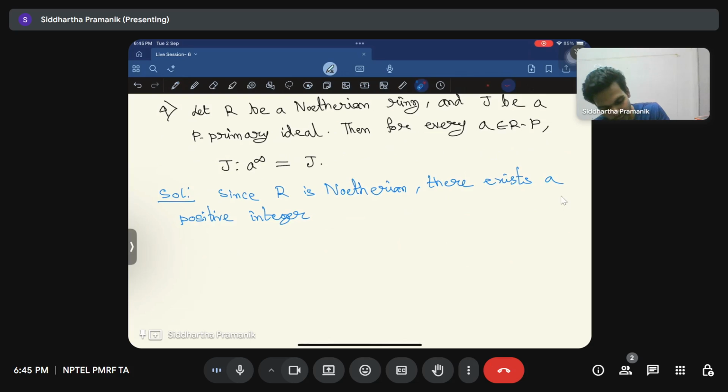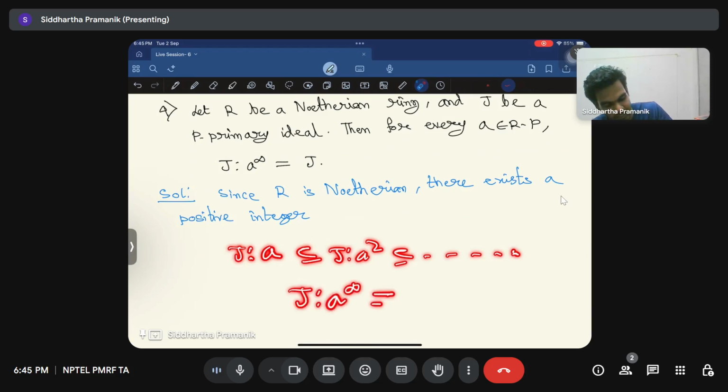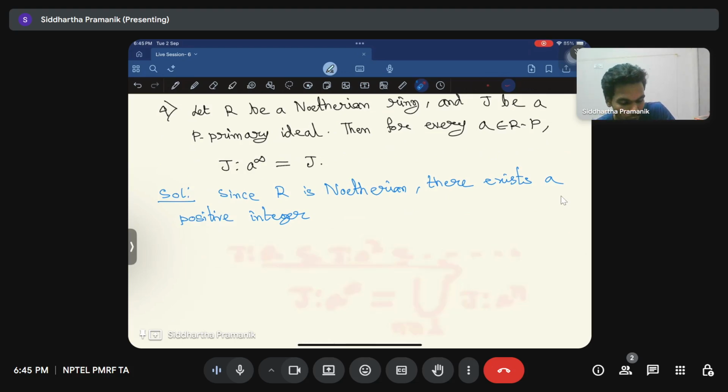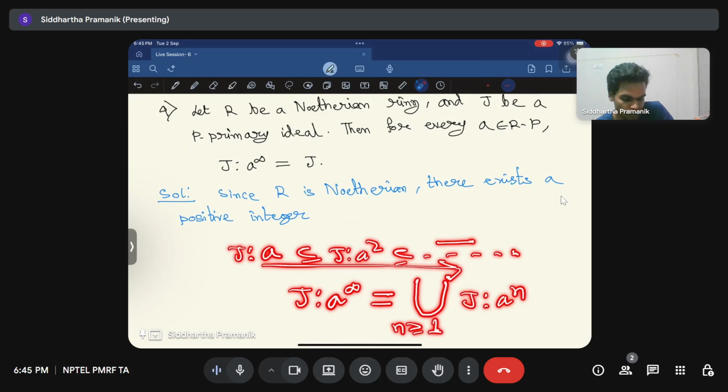So actually J colon a is a subset of J colon a square and so on. This is an ascending chain, and J colon a power infinity is basically the union of all this ascending chain. But we are in a Noetherian ring, so this chain has to stabilize at some point. It means that after a certain stage, all the ideals are the same.